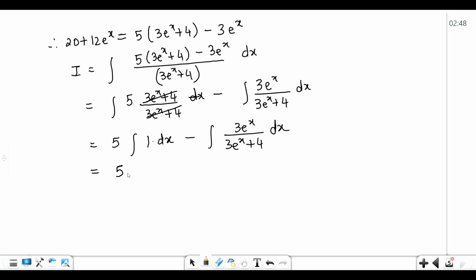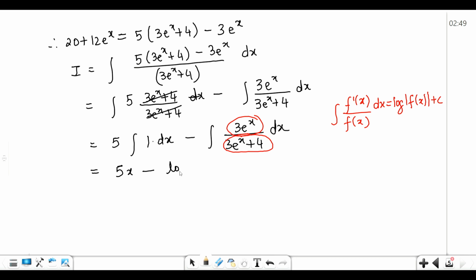The integration of 1 is x minus, and again if you check, this is our denominator and the derivative of the denominator is present in the numerator. So again we will use the same formula: f of x in the denominator and its derivative in the numerator, so the value will be log of mod of f of x plus c. Here also we use the same property, that gives you log of 3 e raised to x plus 4 plus c.